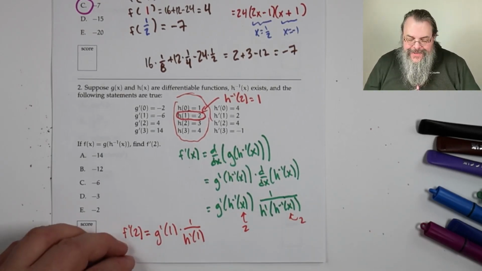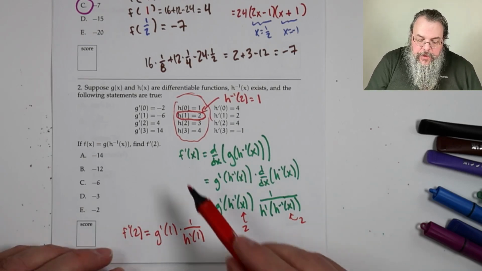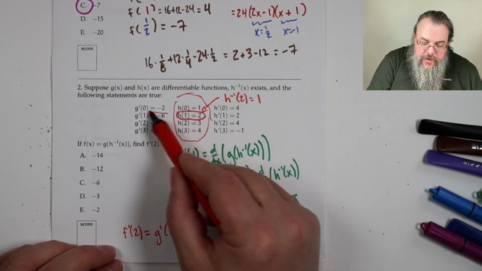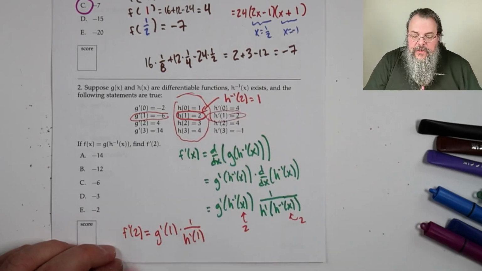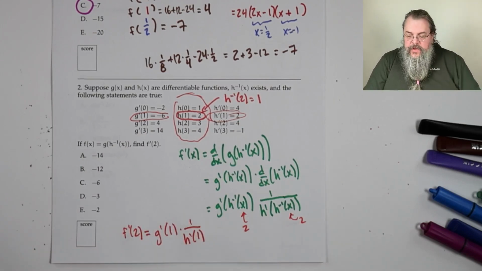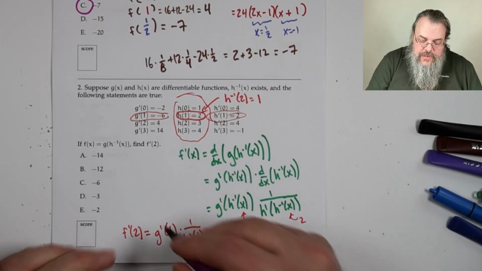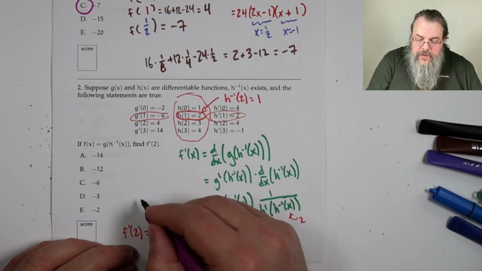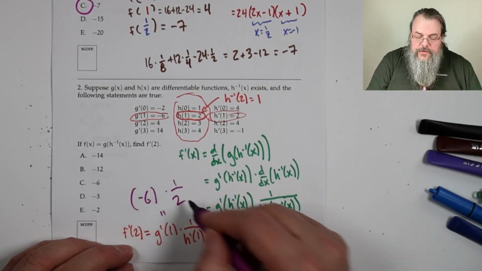Okay, good. Now we just have to say, what do we know about g prime of 1 and h prime of 1? Well, that's the information in here. G prime of 1 is negative 6, and h prime of 1 is 2. So this is equal to negative 6 times 1 over 2.